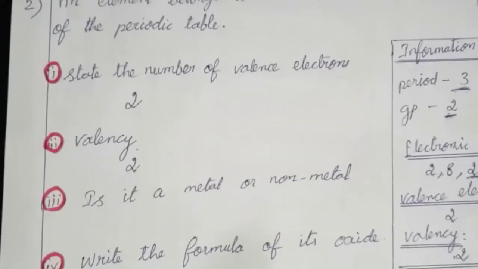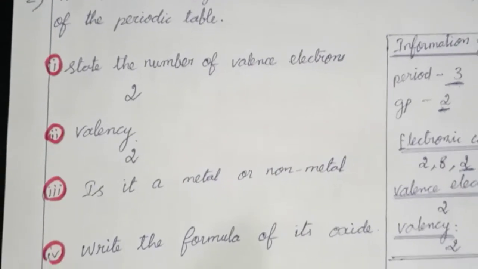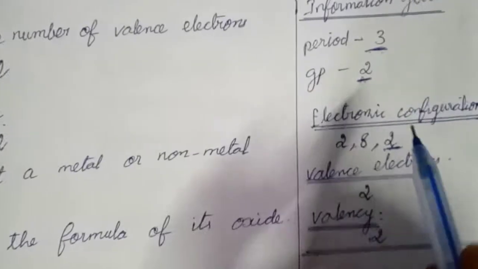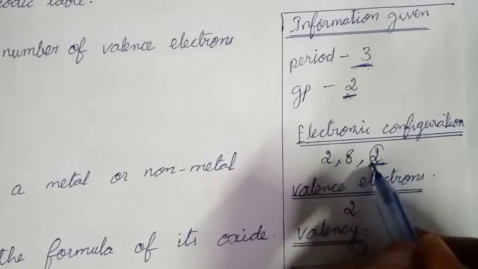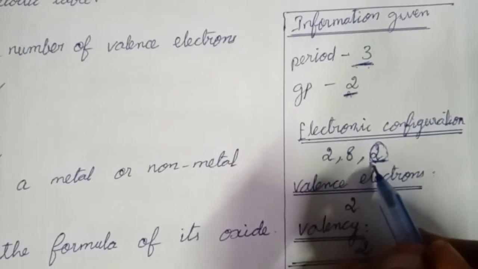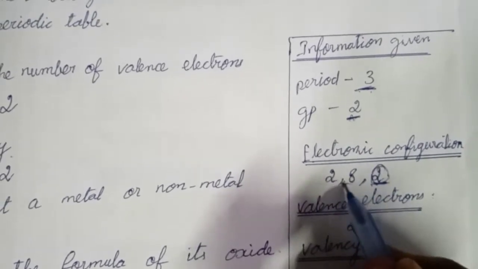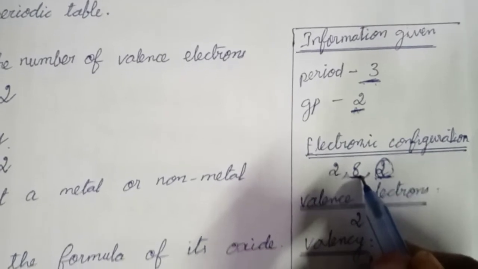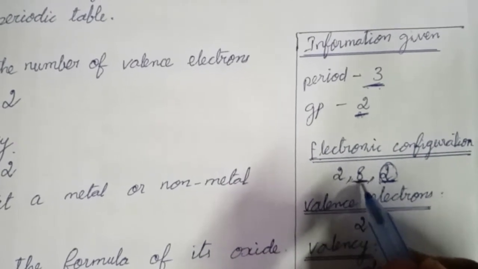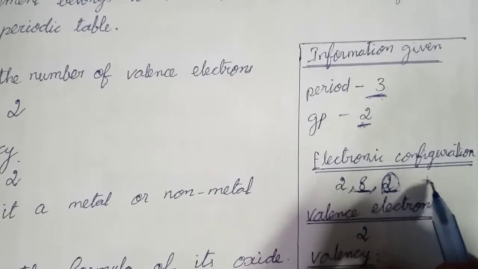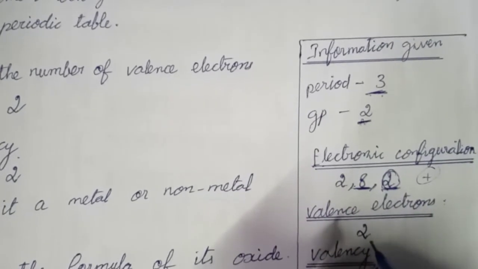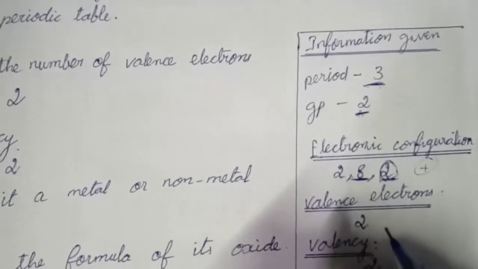Is it a metal or non-metal? That element easily loses its 2 electrons, attains an octet electronic configuration and forms a positive ion. Which ones form positive ions, metals or non-metals? Metals.